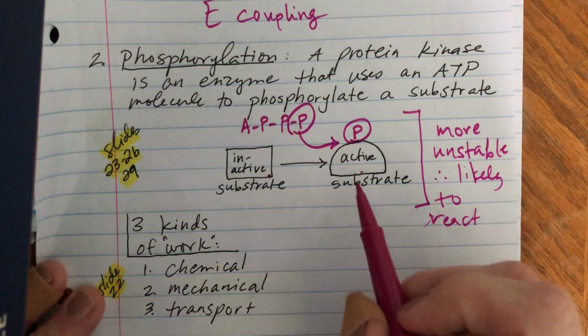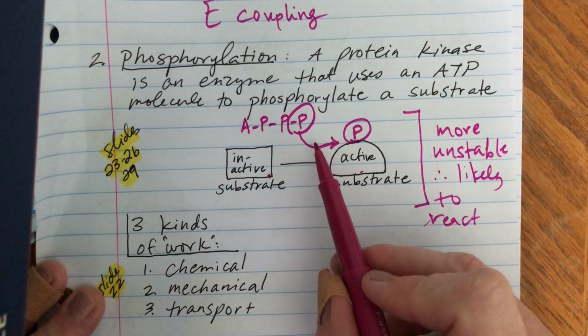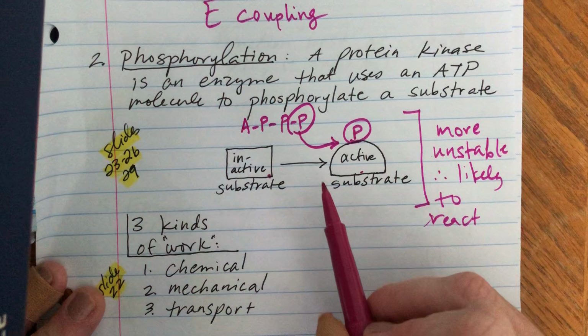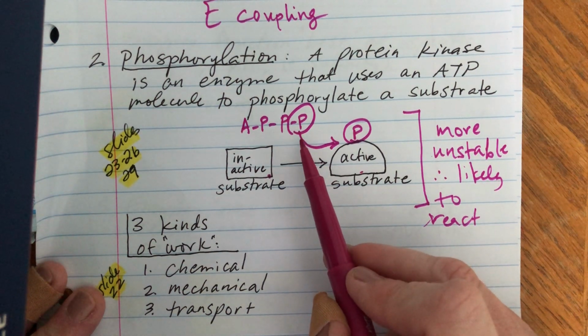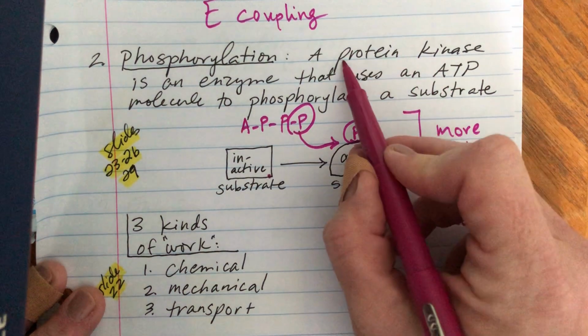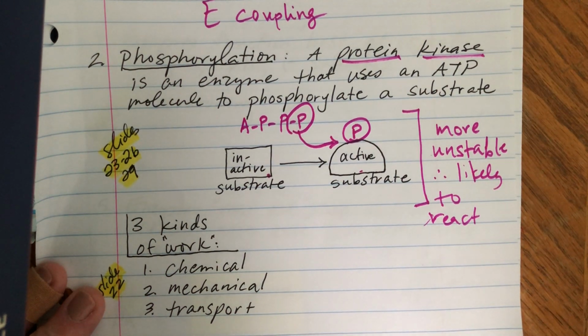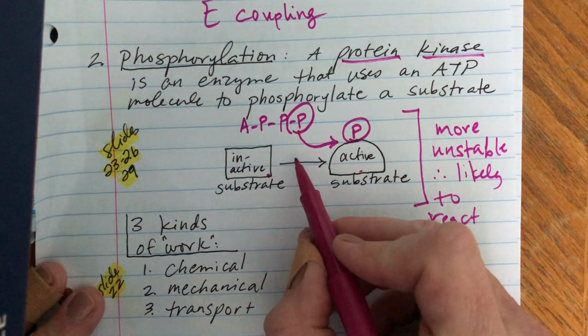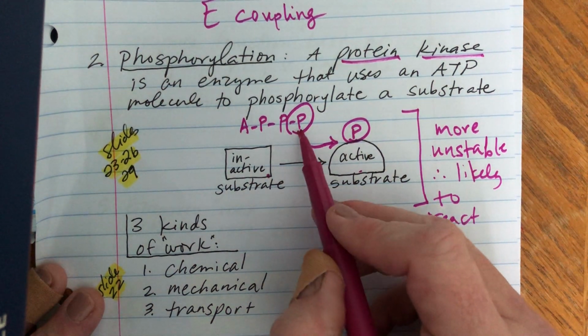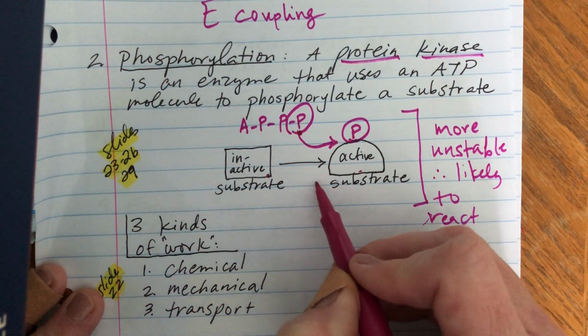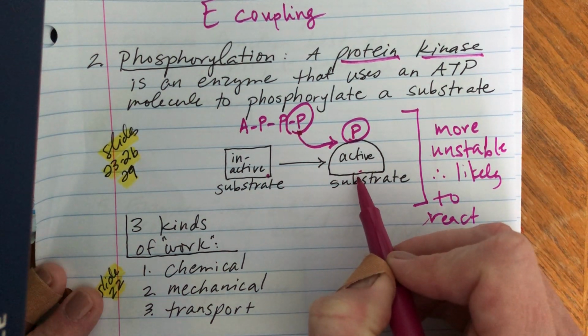So hopefully that memory sticks in your heads of what we did in class. But the only other thing I'd add to this is that the enzyme that does that is called a protein kinase. Kind of a weird name, but a protein kinase is an enzyme that takes a phosphate off of ATP and puts it on an inactive substrate to make it active.